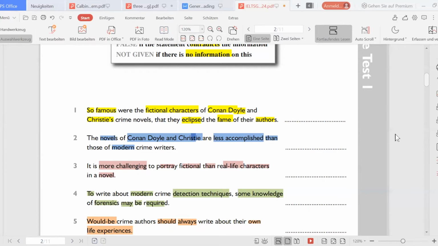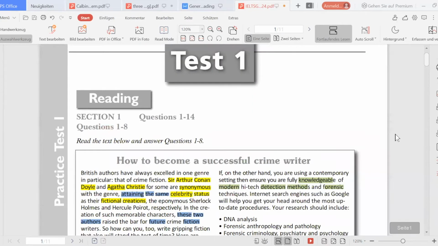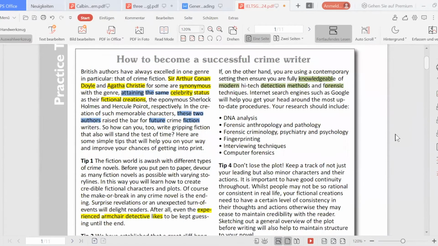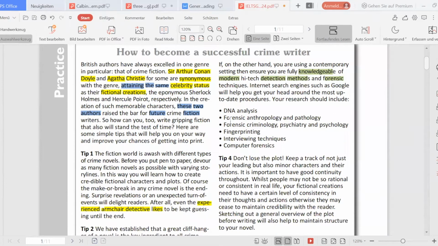With my keywords, novel, the authors' names, less accomplished, than, and modern, I go to the text and try to find my keywords. Here I see it in the sentence that comes right after the one we read, and this is something you will meet a lot of times: you should always move on from where you left off to answer the previous question.